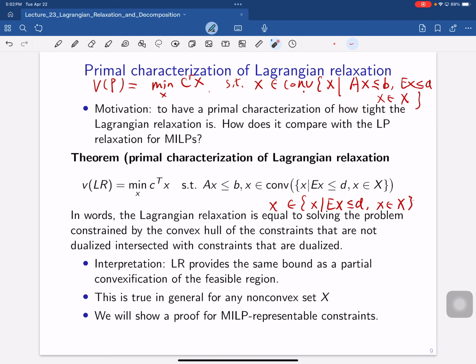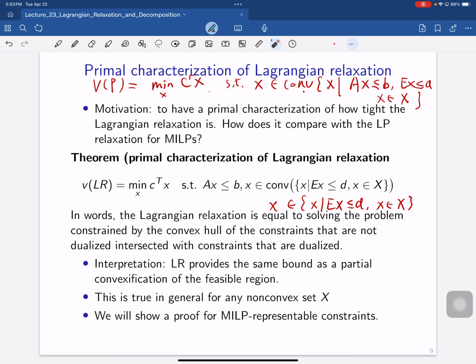That motivates us to develop things like cutting planes. If you get the convex hull of the original feasible region, it is equivalent to the original problem, right? So how does this set, the convex hull of the original problem, differ from this primal characterization? Well, we still have Ax less than or equal to b.